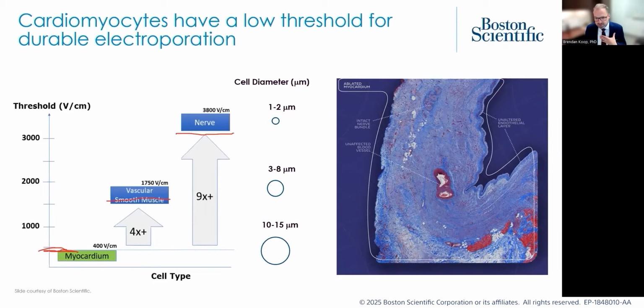So our job as designers is to treat the local tissue with electric fields that are somewhere in this range. That's the goal. We want to be playing in this range here and spare the tissues that we don't want to ablate while ablating the cardiomyocytes that we are trying to ablate. And that's an example on the right there of your ideal histology slide.